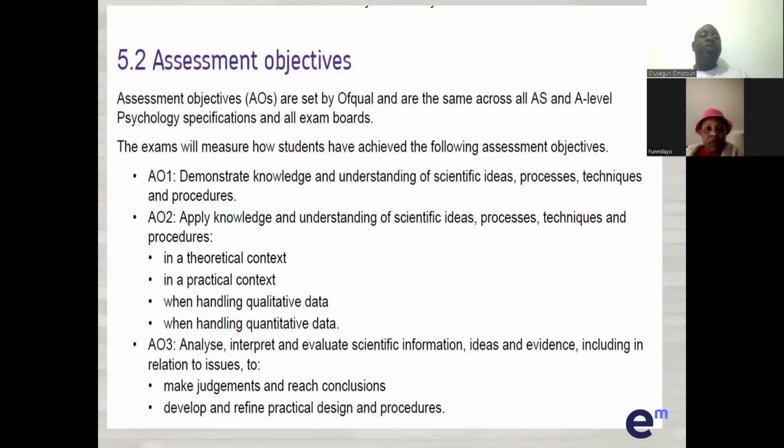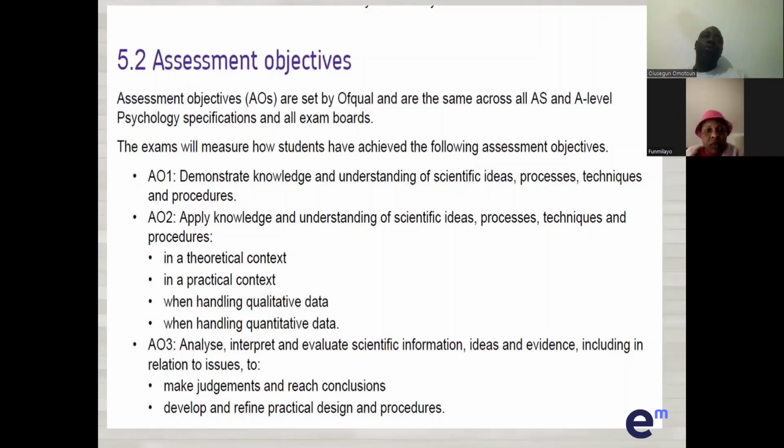So one thing I want to make you understand, because we're looking at assessment objectives in psychology, because for you to be able to answer questions or attempt questions in psychology, especially with the AQA exam board, it is very key we understand the AOs.